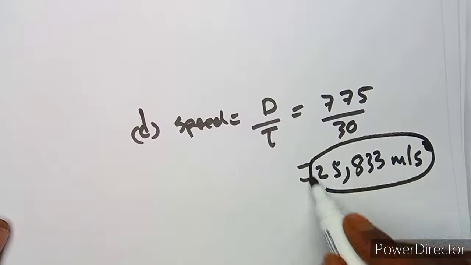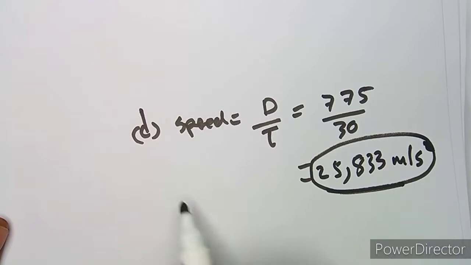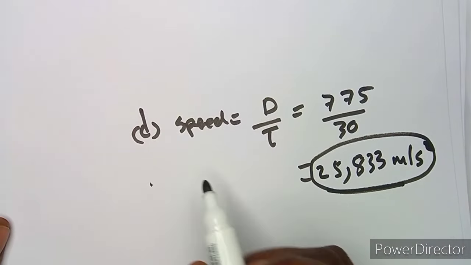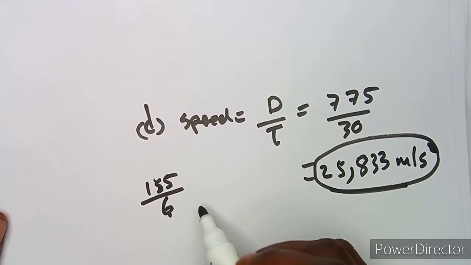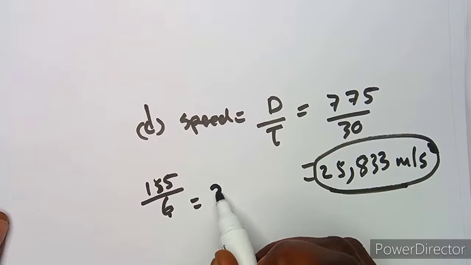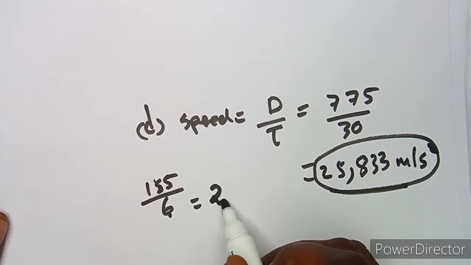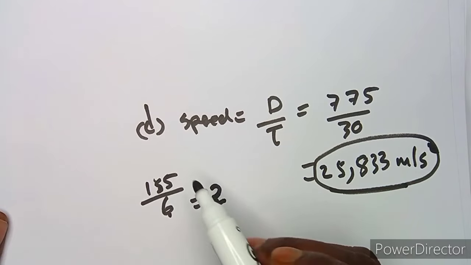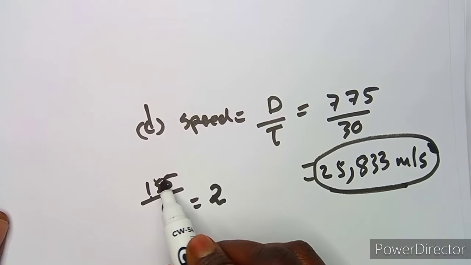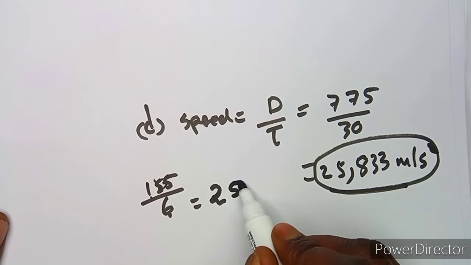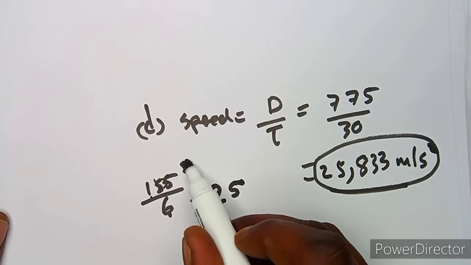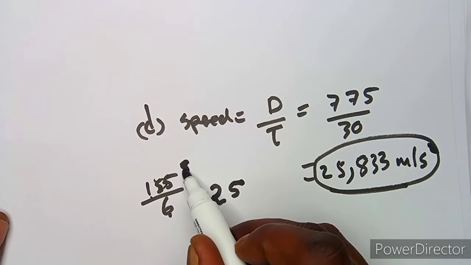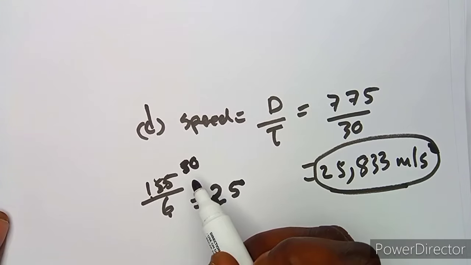This is speed measured in meters per second, or you can reduce this, which is going to give us 155 over 6, and 6 into 15 is 2, remainder 3, then 6 into 30 is 5, and we're going to have a remainder of 0 there.